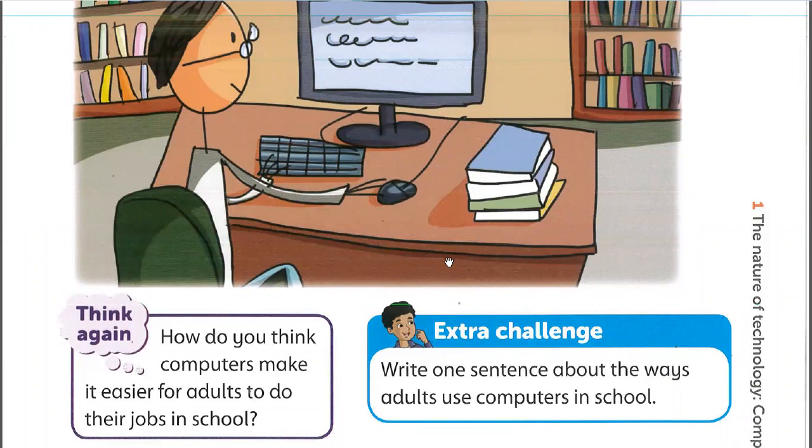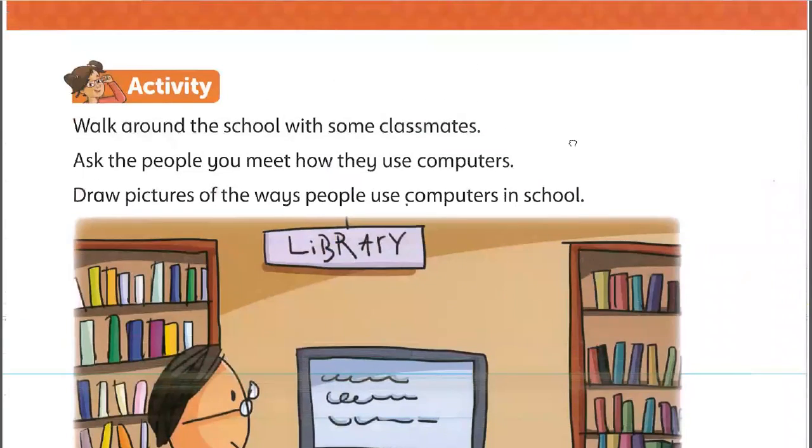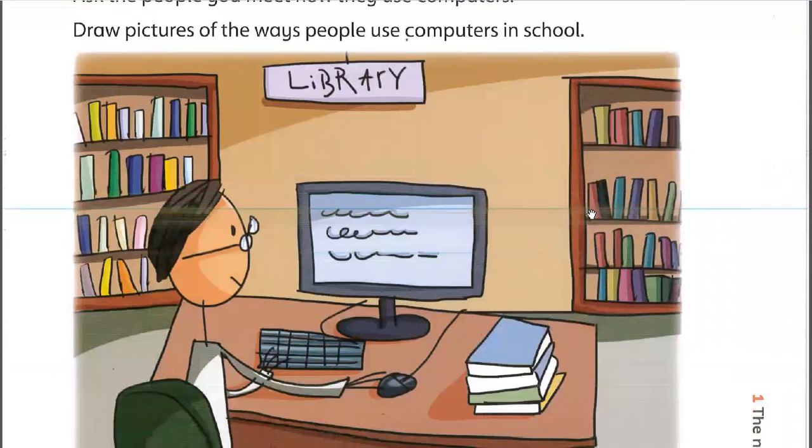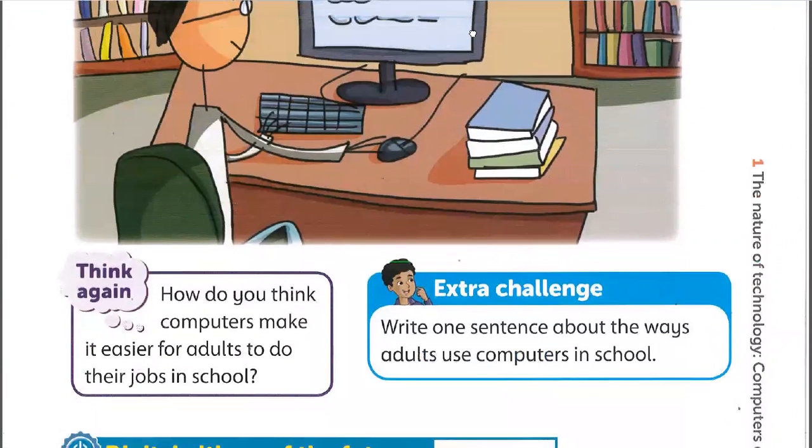We have already discussed how the adults, the big people, the elder ones, use computers in the school. We already discussed it on the last page. Okay, so that's all for today. Your homework is to draw pictures of the ways people use computers in school.